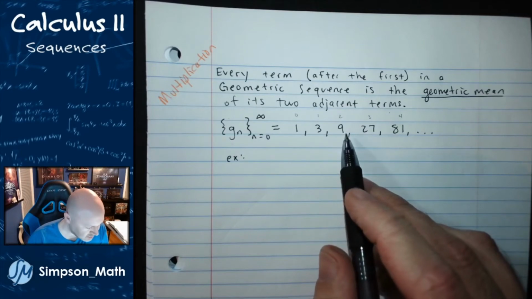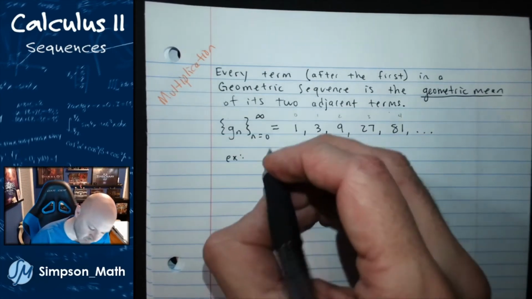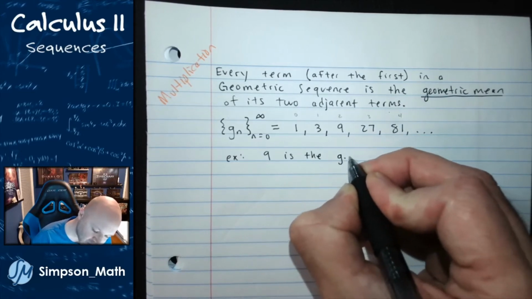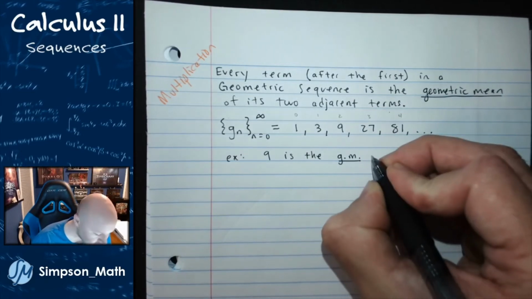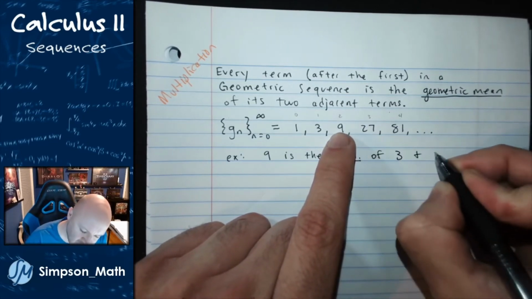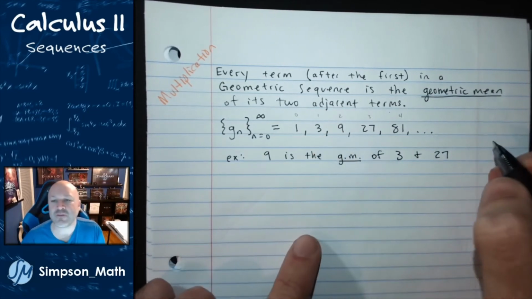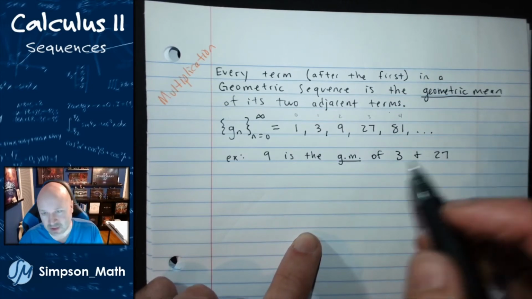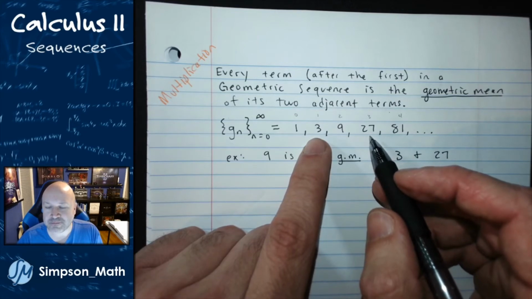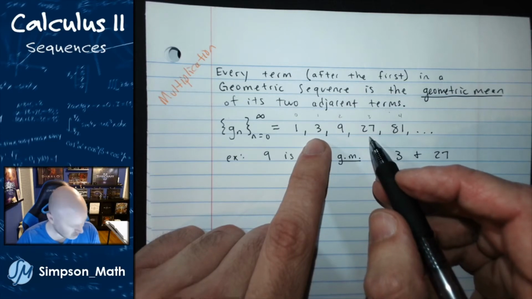Now, I didn't mention the geometric mean, so let me talk about that real quick. I'll use 9, I suppose. 9 is the geometric mean of the adjacent terms 3 and 27. If you ever need to find the geometric mean, you take the two numbers, you square and then add and then square root.